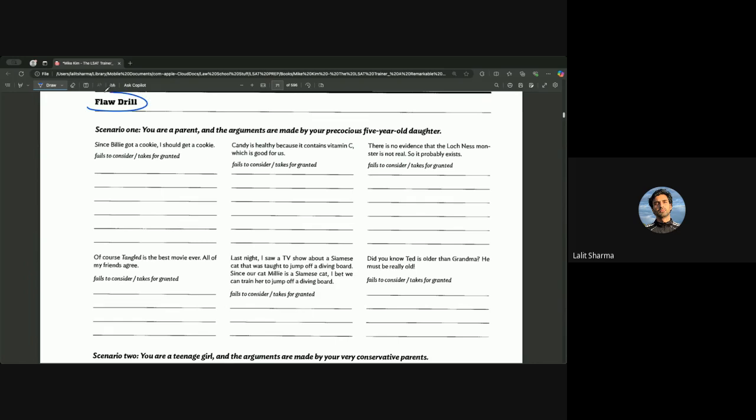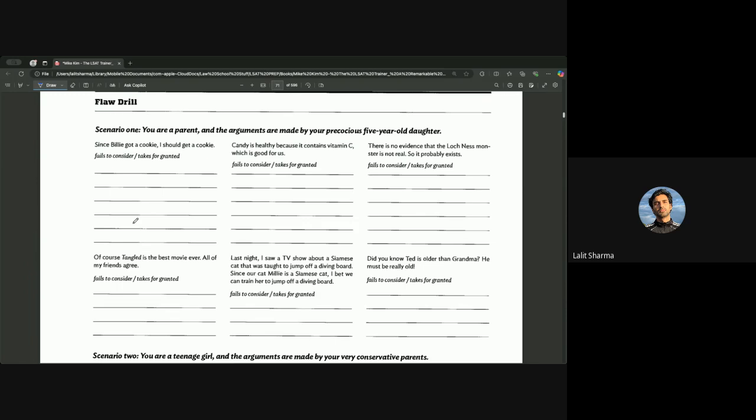So these flaw drills are really good. They help you learn the different logical fallacies that show up on the LSAT. On the LSAT, I like to think of a lot of the logical reasoning questions as the same skeleton with a different set of meat and skin on it.